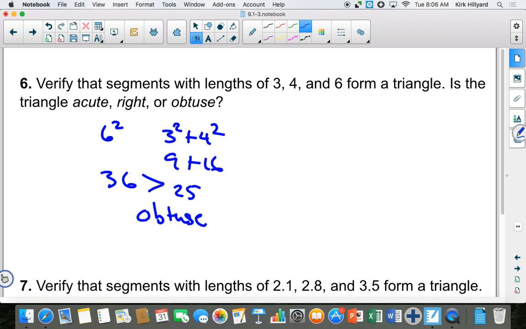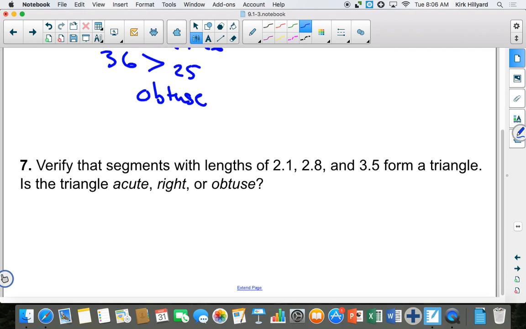Okay. We can verify this one right here as well. We have 3.5 squared, and we have 2.1 squared plus 2.8 squared. 2.1 squared plus 2.8 squared is 12.25, and 3.5 squared is also 12.25.